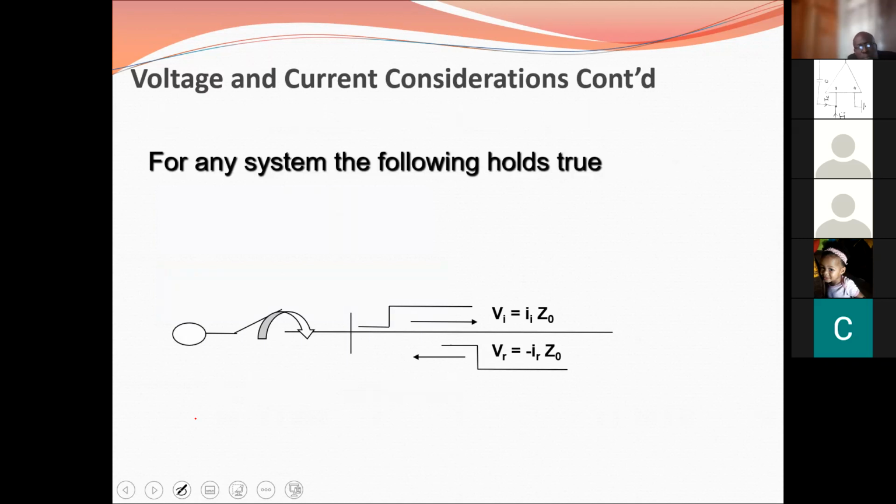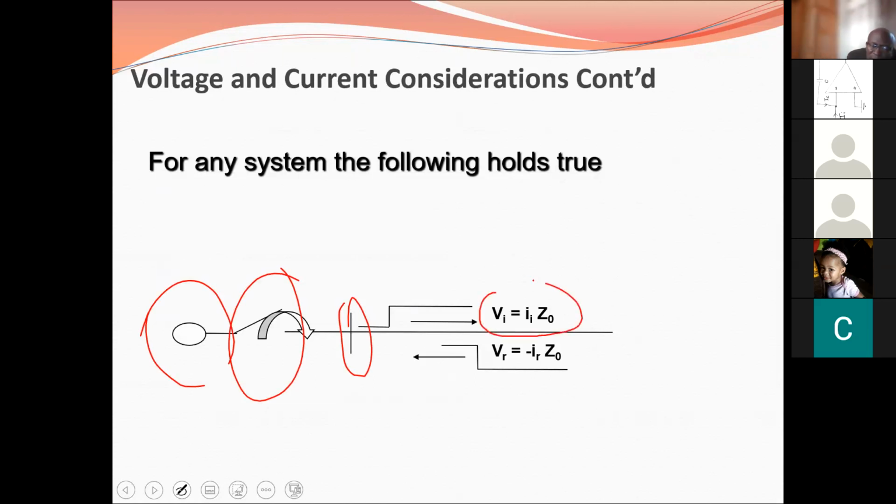Any system, when I energize, all right? So that's my switch, that's my generator. I energize the line, that's my bus bar. Yes, I'm going to have an incident wave, VI, which is equal to I times Z0, the surge impedance of the line.